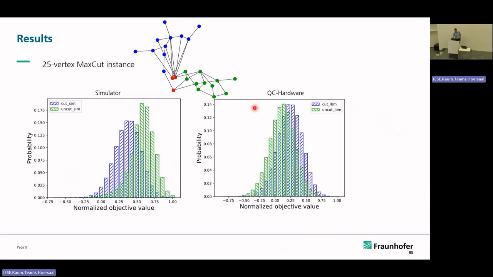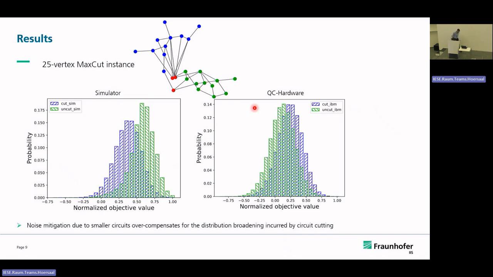But the point is, if you run this in hardware, it changes, okay? Now the blue distribution, which is the cut circuit, is even better than the uncut one. And this is due to noise reduction for smaller circuits. Here, the original circuit has, I think, 23 qubits.